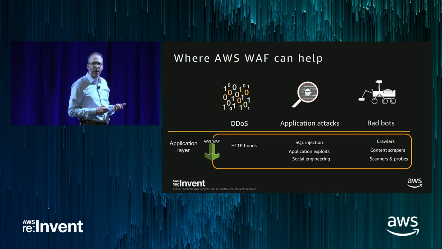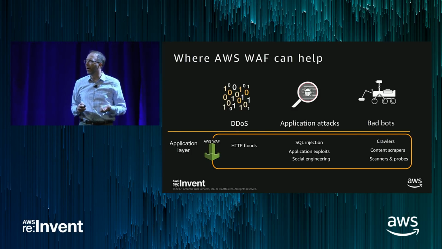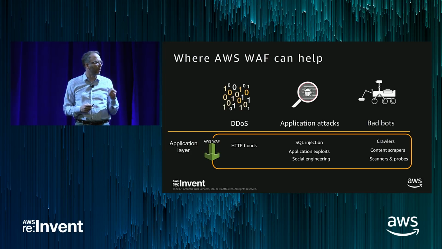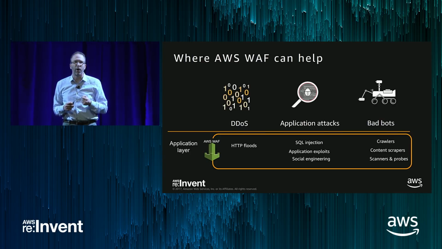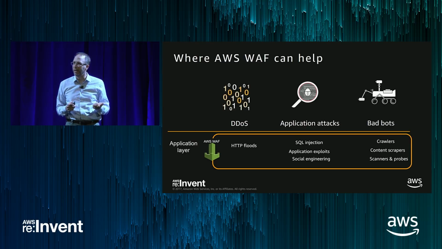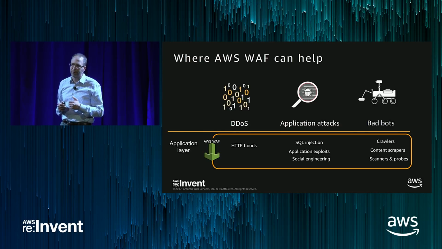So AWS WAF is helpful against a number of potential threats. Those include DDoS attacks, so simple HTTP floods that are trying to overwhelm your application infrastructure and keep legitimate users from being able to access that application. There are also the application attacks that we've talked about already.